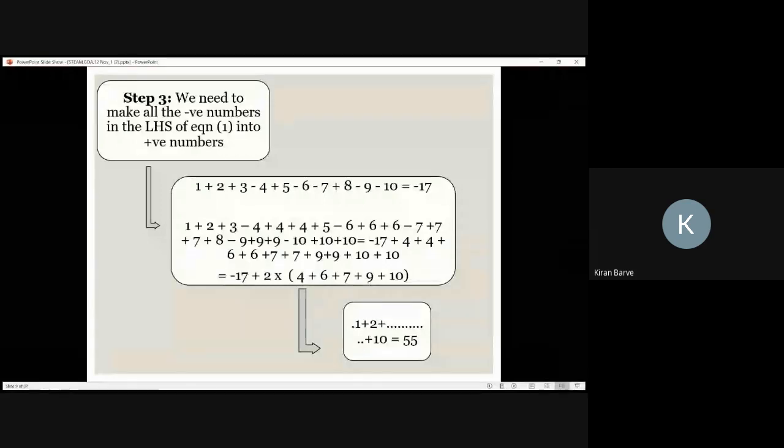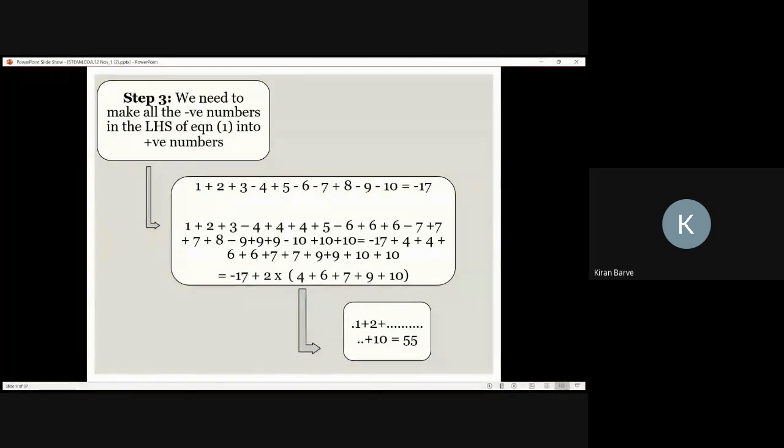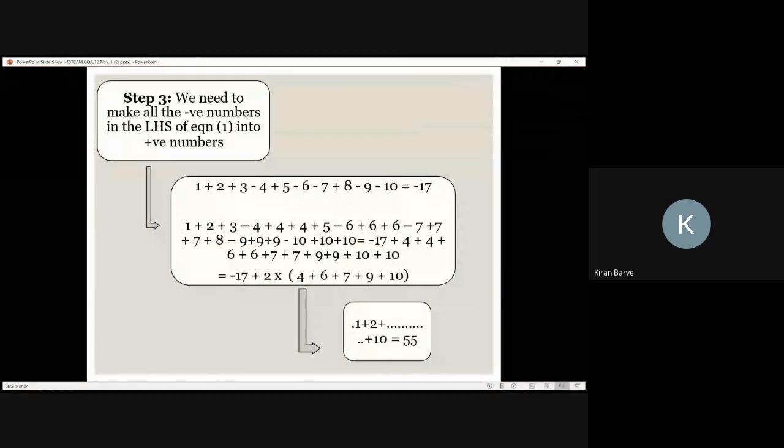Don't look at the calculation here, but just understand that if I make any change from plus to minus, the sum is going to decrease by an even number. Suppose I make plus 5 to minus 5, it will decrease by 10. But if it was minus 7 and I make it plus 7, the sum has increased by 14. Right? Is it okay? Yes, sir.